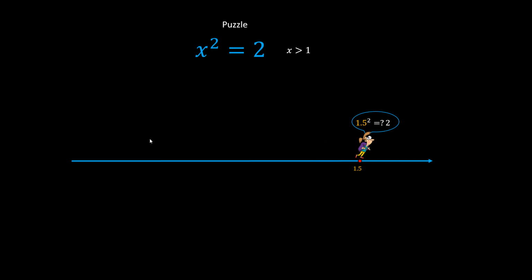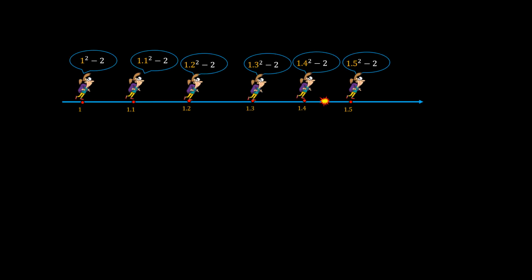This method is the simplest version of a numerical method. It's simple, but it's very inefficient because it uses a static step size. Your step size really matters here. If it's too big, you might miss your solution, but if it's too small, it might take forever.